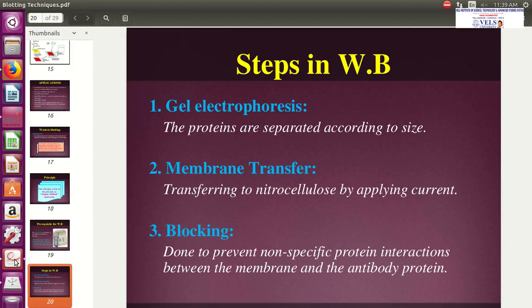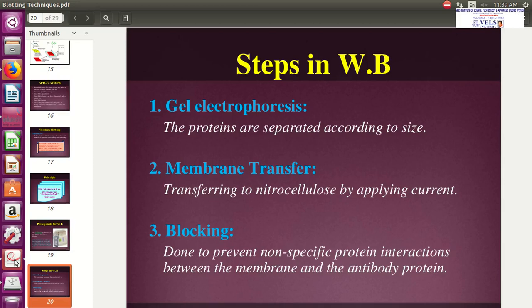Second one, membrane transfer. From the gel electrophoresis, the proteins are transferred to the membrane. The membrane which we use here is nitrocellulose membrane, which is commonly used for Southern blotting, Northern blotting and Western blotting. Next one, blocking.